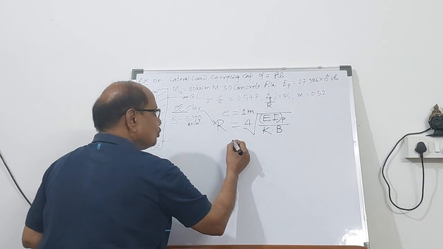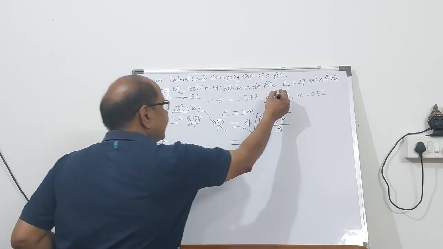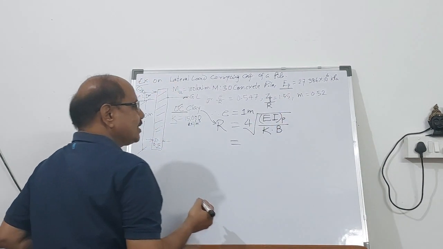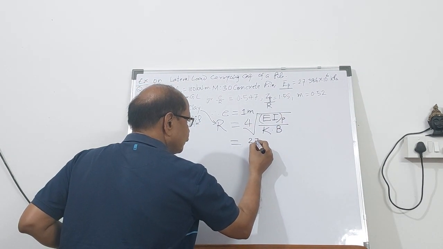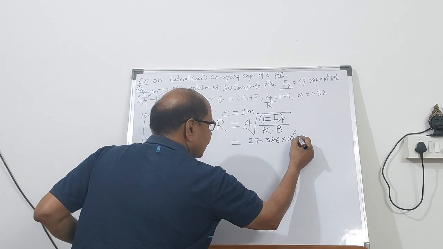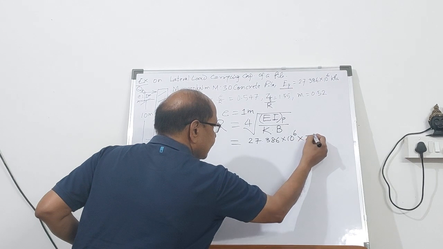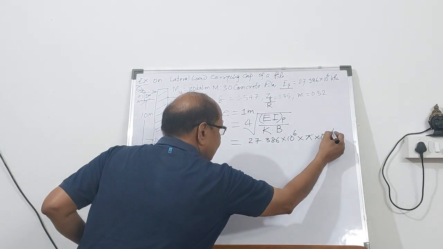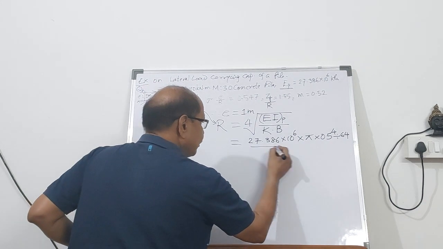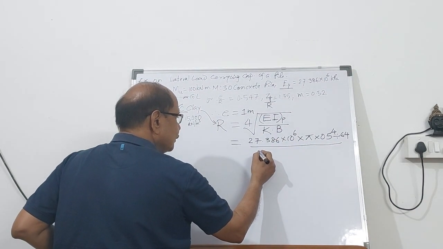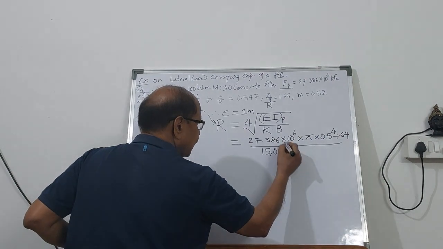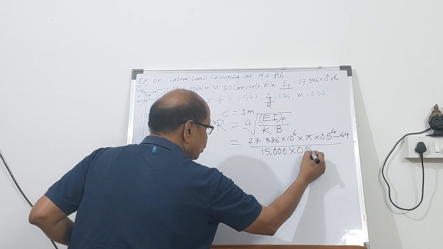This is the equation. So if you substitute for M30 concrete, the value of modulus of elasticity of the pile is going to be 27.386 into 10 raised to 6, and the moment of inertia will be pi d to the power 4 divided by 64, divided by K into B. K is already known to you, 15,000 kilonewton per cubic meter, and B is the lateral dimension of the pipe, that is the diameter, 0.5.